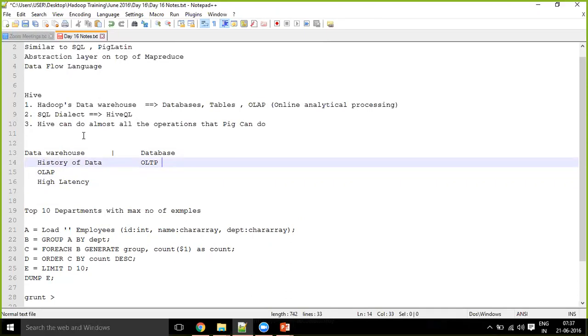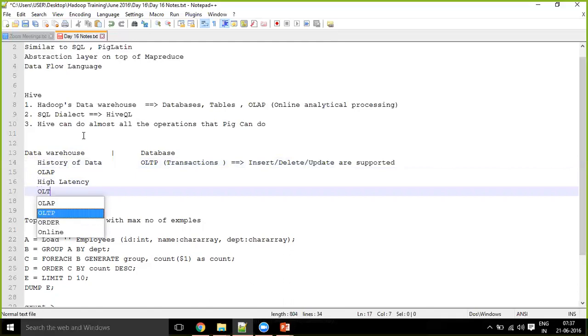OLTP, online transactional processing, means transactions: you insert a record into a table, and delete, update are supported.